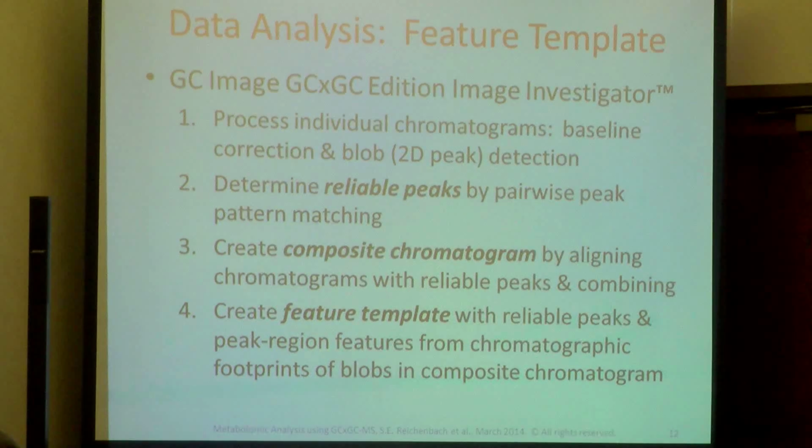And rather than trying to find those peaks in each of the chromatograms, we use each of those peaks in the composite chromatogram to create what we call a peak region feature, which is just a two-dimensional chromatographic window. We also incorporate all of the reliable peaks. So we have this pattern of reliable peaks and then retention time windows around all of the peaks that we found in the composite chromatogram. And I'll show you a picture next.